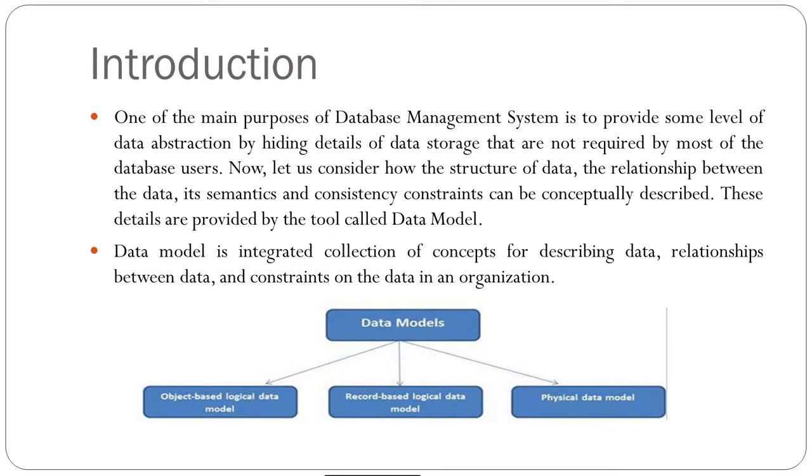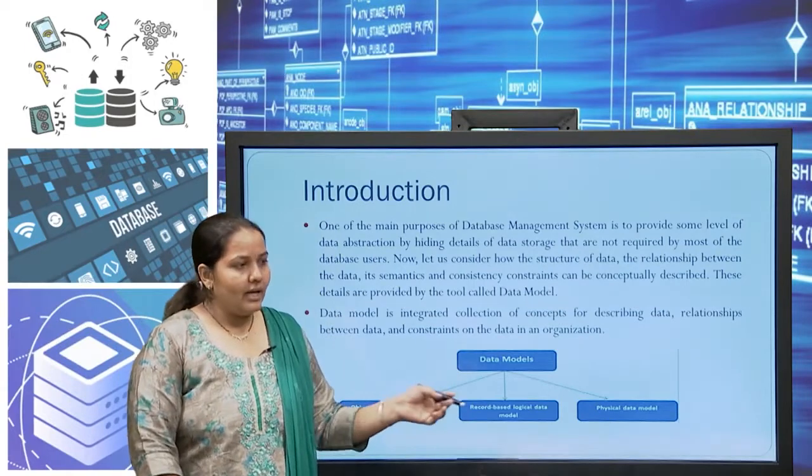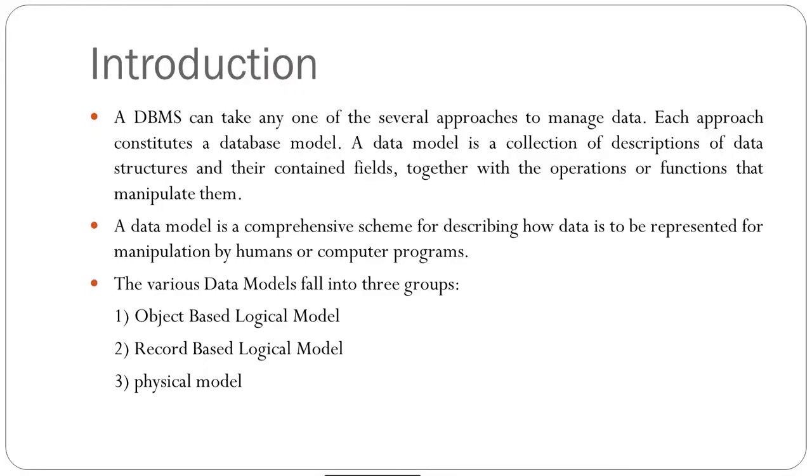There are three types of data model: object based logical data model, record based data model and physical data model. The DBMS can take several approaches for managing data, each with its own facts and considerations defined by the approach.